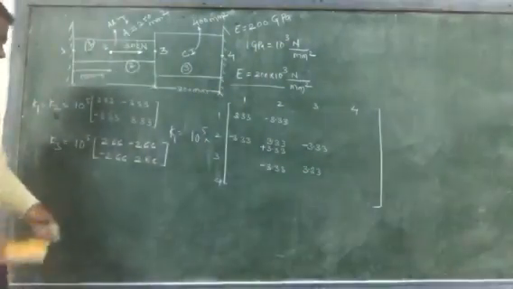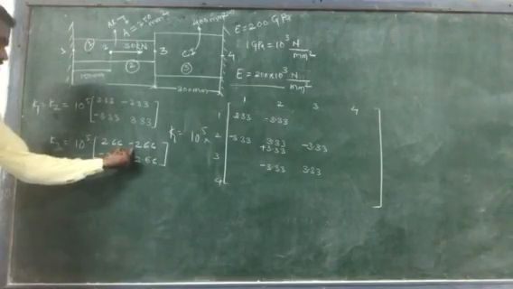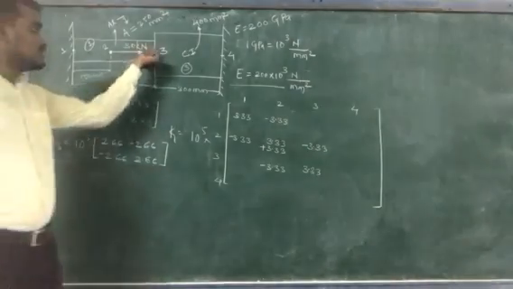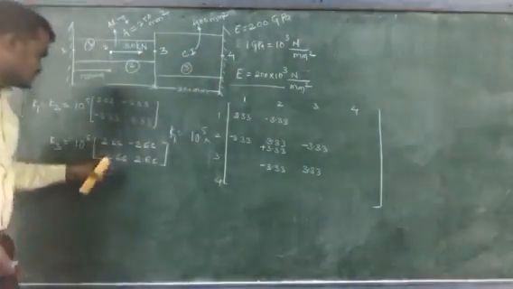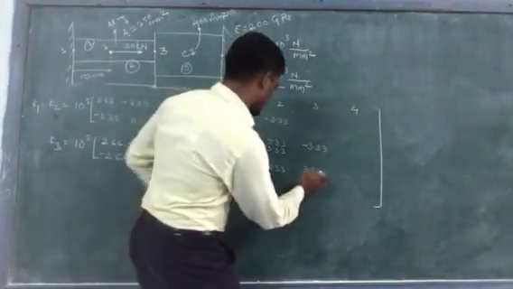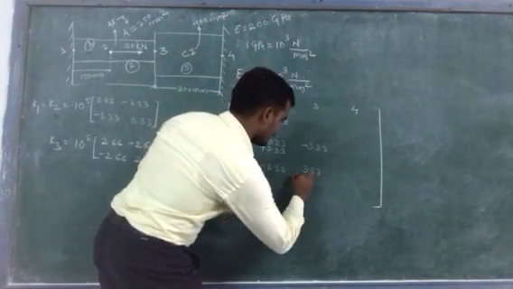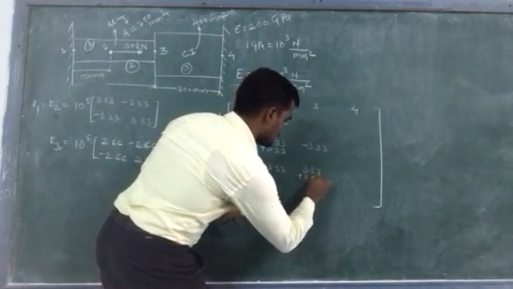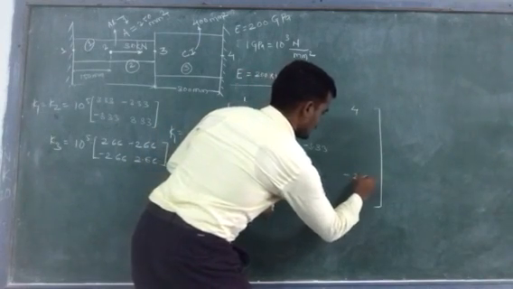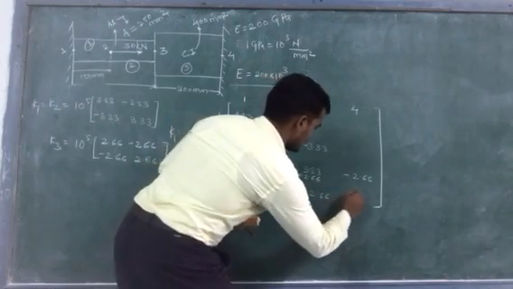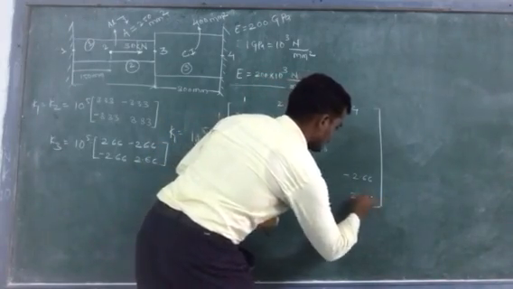Next, write down the third elemental stiffness matrix globally. Write this in between positions 3 and 4. So plus 2.66, minus 2.66, minus 2.66 and 2.66.